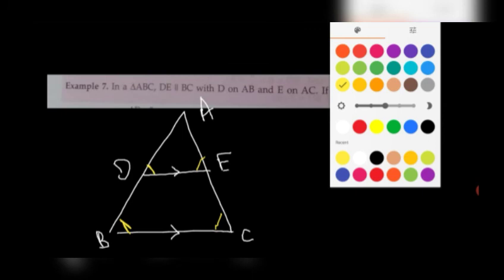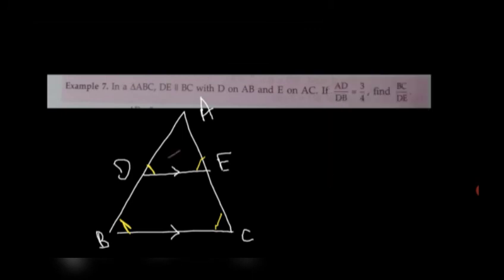So I can say what? These are similar. And use a different color. Very unclear to see. These two are similar. Meaning ADE is similar to ABC. Understand?